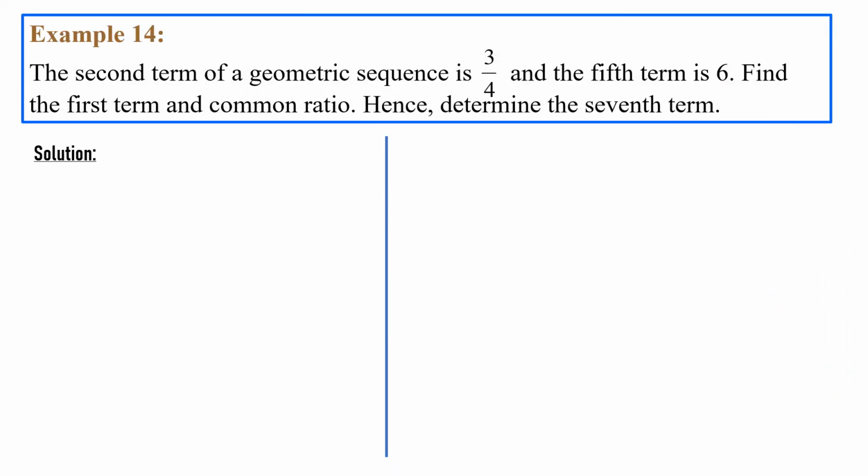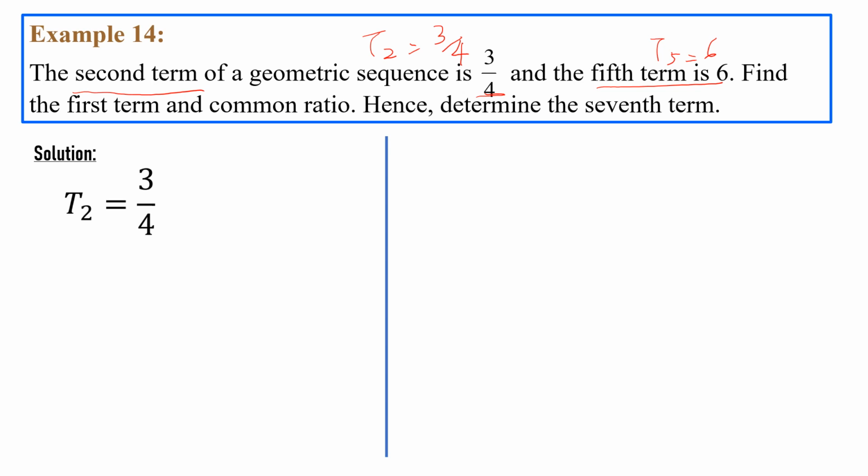Example 14. The second term of a geometric sequence is 3/4 and the fifth term is 6. Find the first term and common ratio, hence determine the seventh term. So, the information that we have here is second term is 3/4, means that T2 equal to 3/4 and the fifth term is 6, T5 equal to 6.